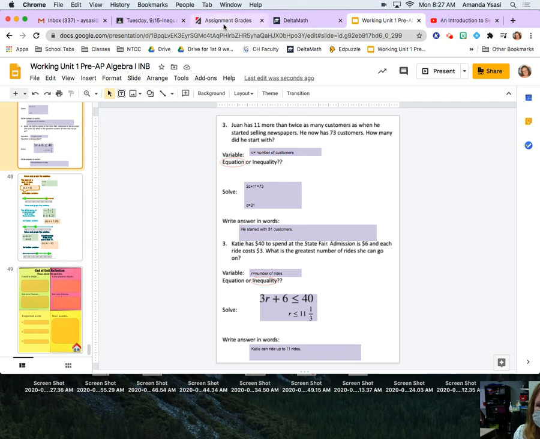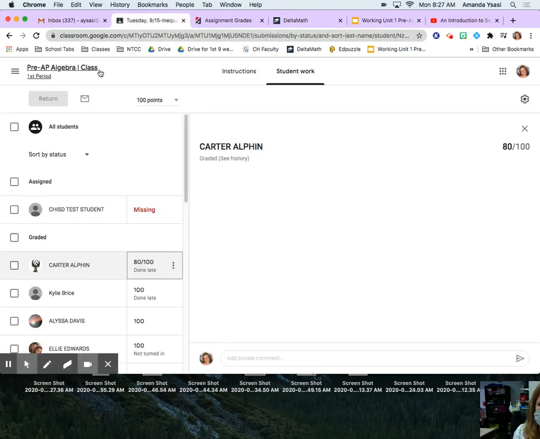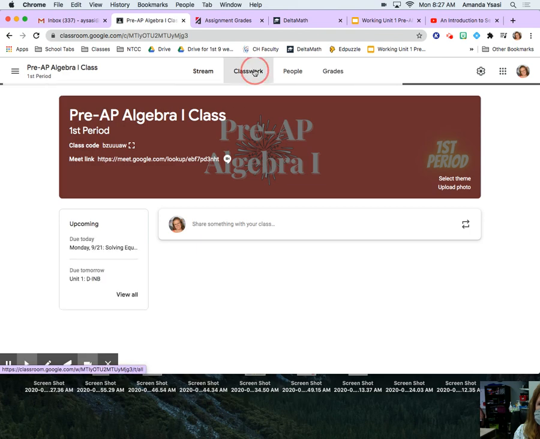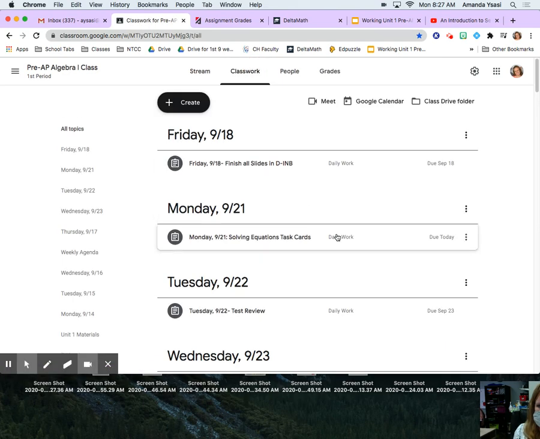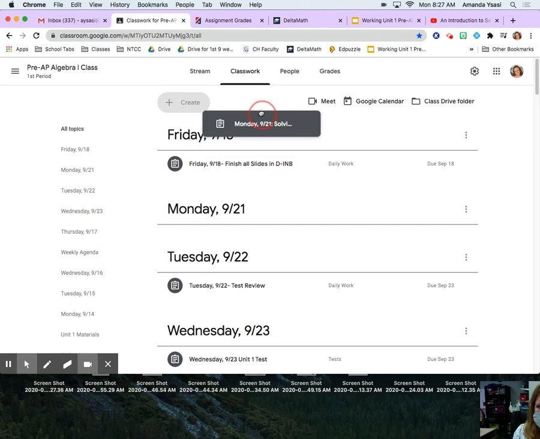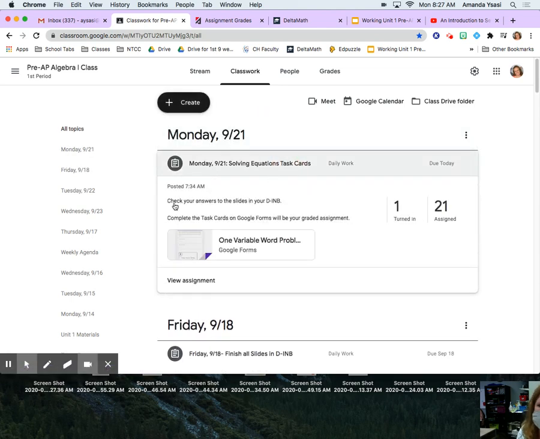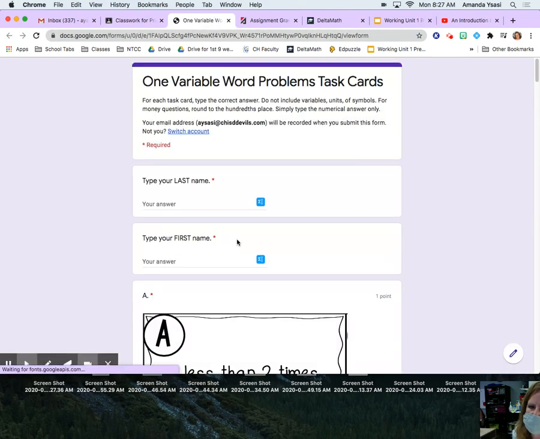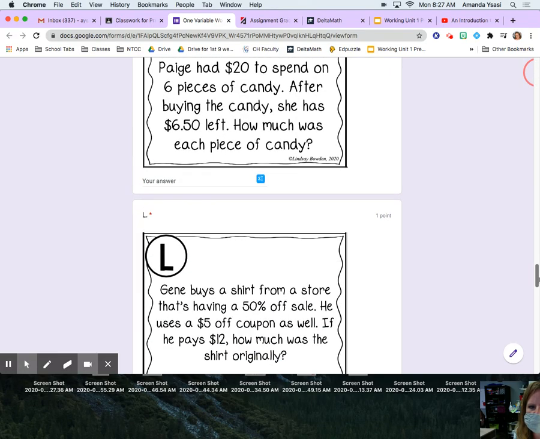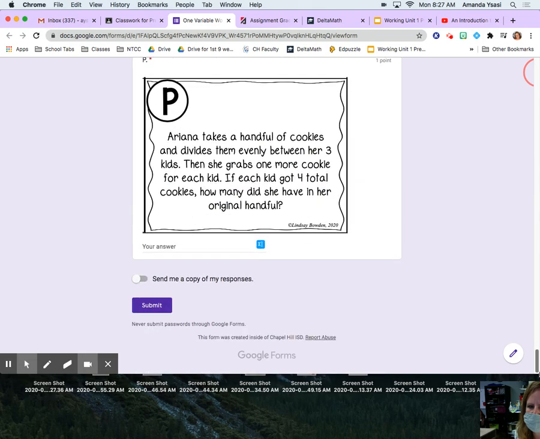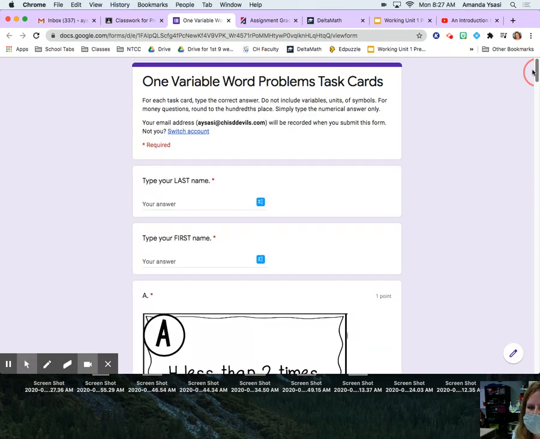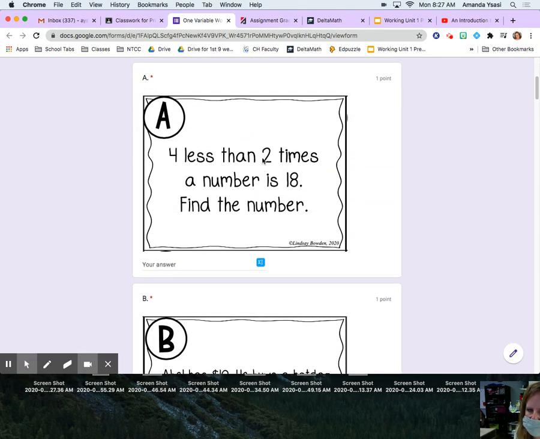So let's look at your assignment for today. I'm gonna move this up top, maybe. There we go. We are checking our answers on the slide, so we went over that. And then here's your assignment. It's a Google form. You're going to complete these problems. Let's see. 4 less than 2 times a number is 18. Find the number.